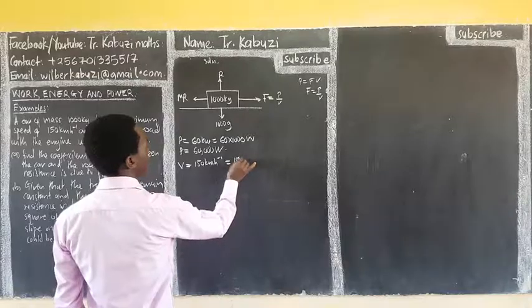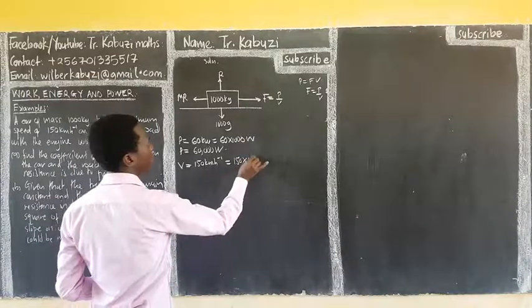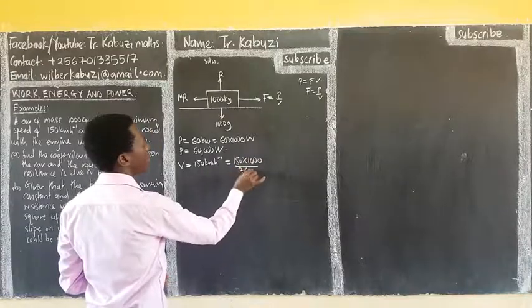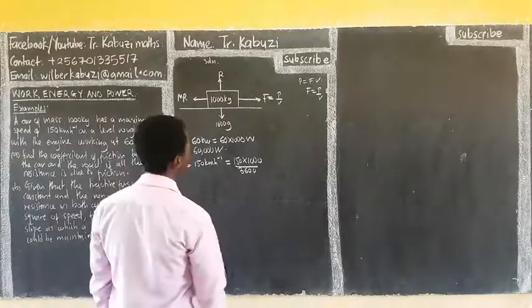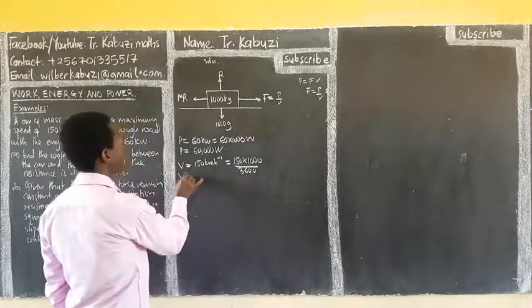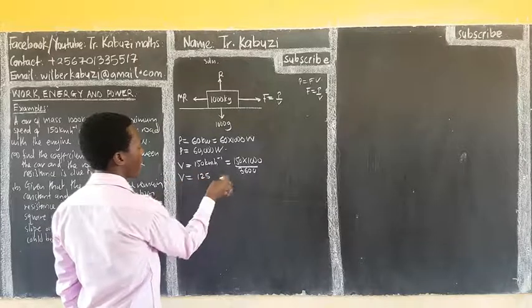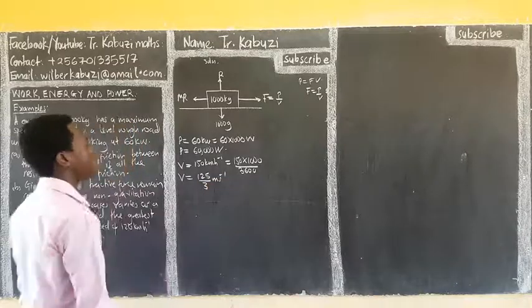Every kilometer has 1,000 meters, over every hour has 3,600 seconds. So our V here is going to be 125 over 3 meters per second.